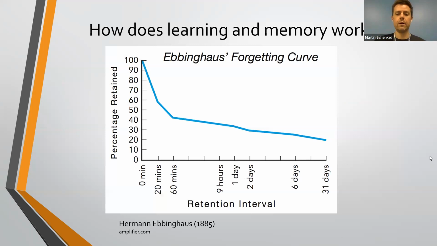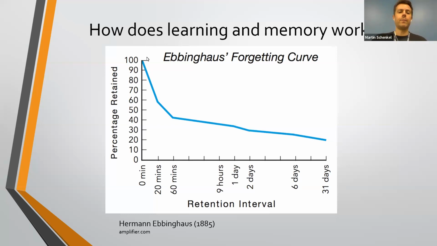Another important element for learning and memory is what they call the forgetting curve. A German theorist, Hermann Ebbinghaus, back in the 19th century, did a lot of practice and testing on himself to come up with this forgetting curve. He found that we forget a lot of information in a very short period of time.